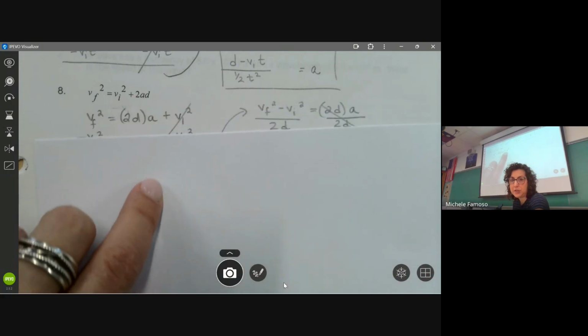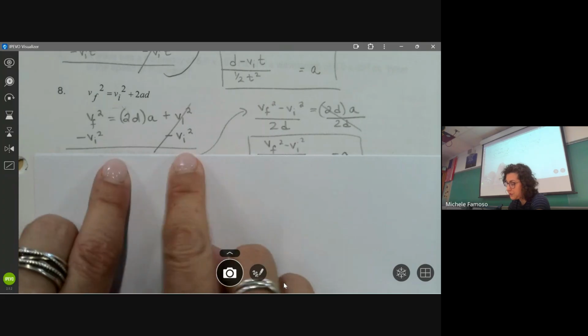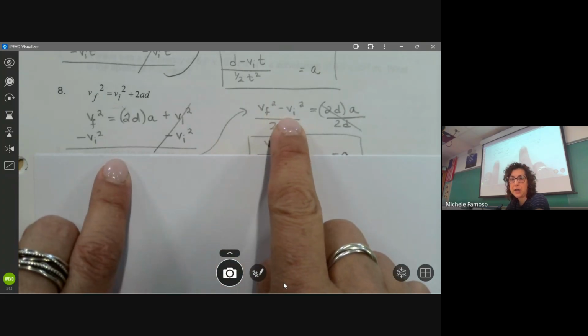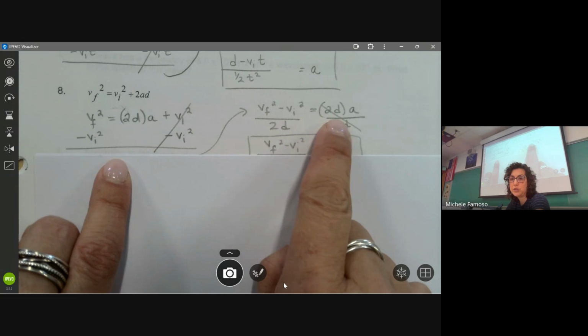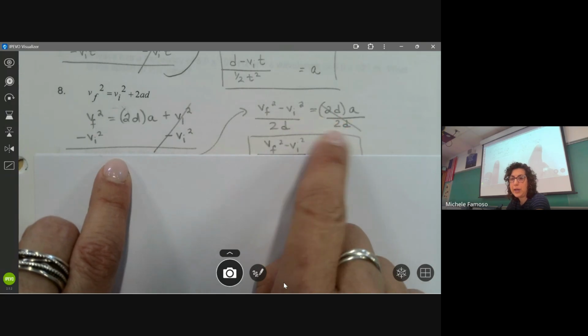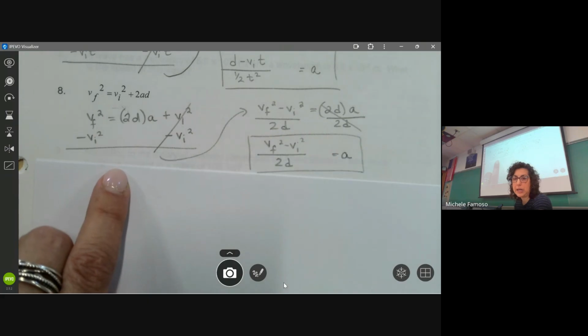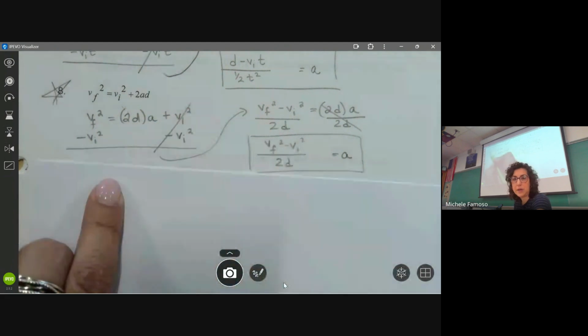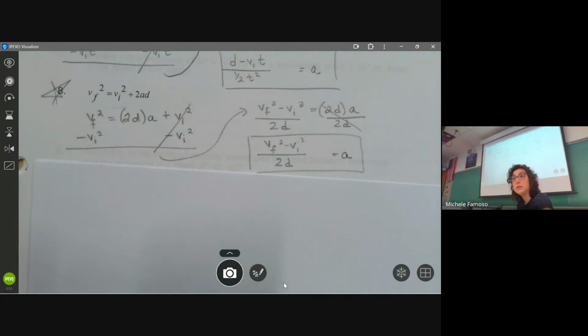So I can see that I'm going to subtract the VI squared first, giving me VF squared minus VI squared is the quantity 2D times A. Now I can divide both sides by 2D, giving me VF squared minus VI squared all over 2D is equal to A. If you got that correct, give yourself the star. If you did not, correct it so you have the correct solution.